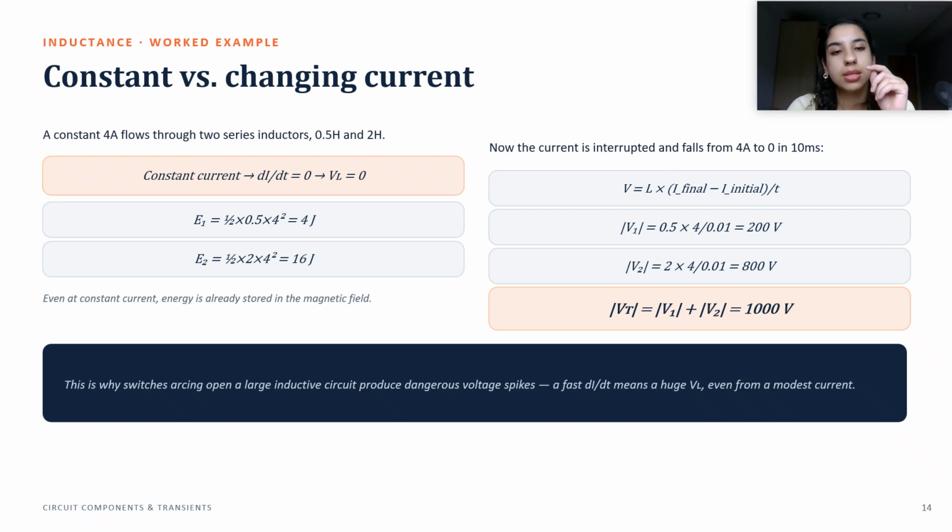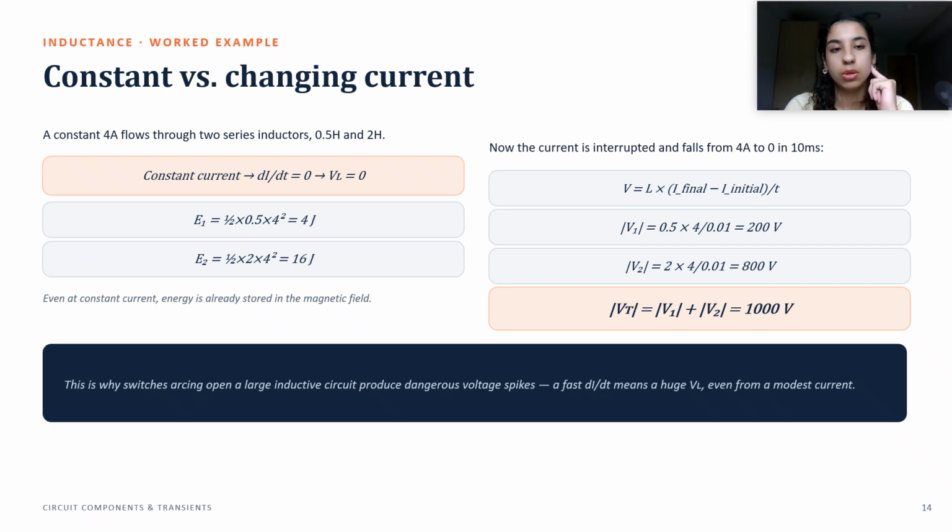Now, let's say the current is interrupted and falls from 4 amps to 0 in 10 milliseconds. We know the change in current is 4 because it goes from 4 to 0, and the change in time is 10 milliseconds, so that's 10 times 10 to the minus 3. You divide these two and you get the rate of change of current.